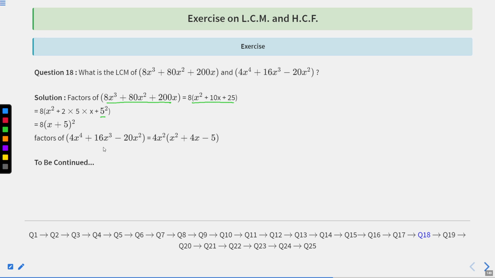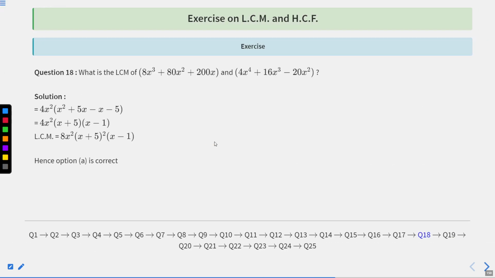For the other expression, 4x to the power 4 plus 16x cube minus 20x square, we take 4x square common, and you will be left with x square plus 4x minus 5. When you factorize it, you get 4x square into x plus 5 into x minus 1. If you take the LCM of both of them, you will have the answer as 8x square times x plus 5 whole square times x minus 1. So the correct option here is option number A.